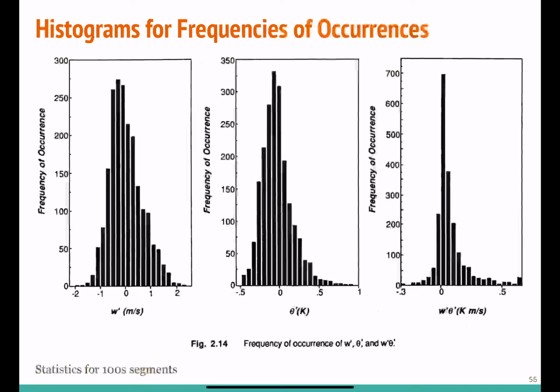There is another way to do the analysis. If you have data, you have W prime, the turbulent vertical motion term, and the turbulent potential temperature term, and then we can also do a histogram for the heat flux, and we know the preferred values for the heat flux in that area.